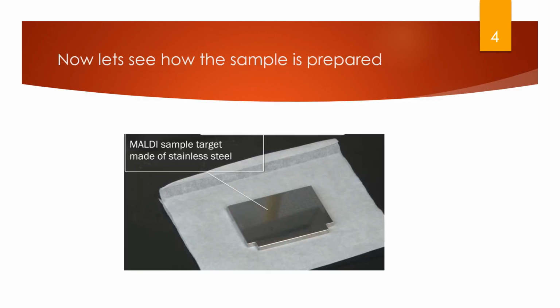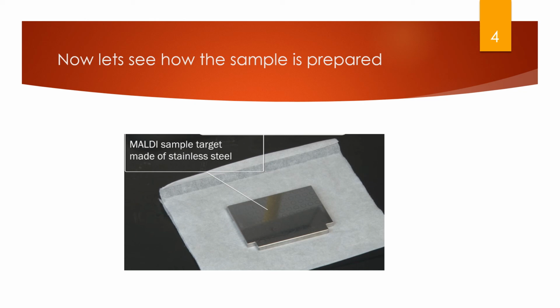Now let's see how the sample is prepared. The MALDI sample target is made of stainless steel. This is a stainless steel plate. On this plate there are several circles, and these circles are filled with the pre-prepared sample, that is the combination of matrix and sample, and then they are allowed to evaporate.